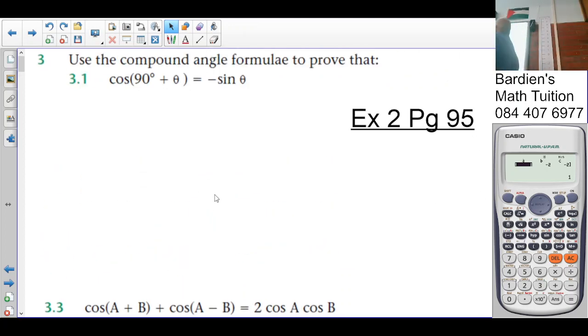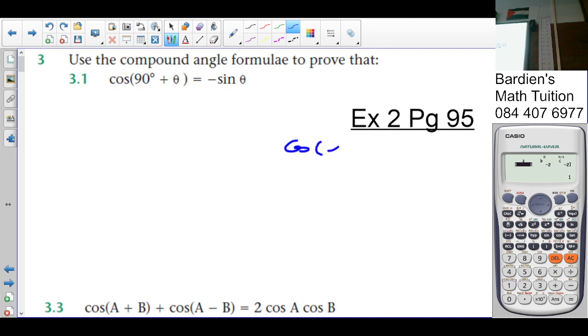Right. 3.1. Use a compound angle formula to prove that. So what are the compound angles? Cos of alpha plus beta is equal to cos alpha cos beta minus sine alpha sine beta. When the ratios are the same, the signs are different. When the trig ratios are different, the signs are the same.